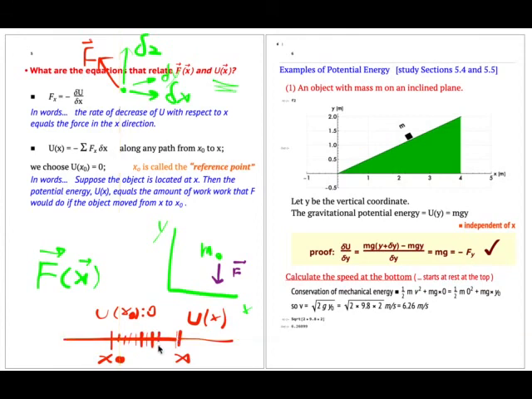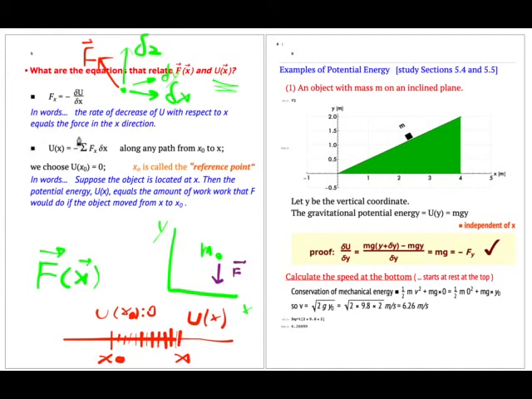Each step is about 3 feet. So I take many steps, and in each step, there'll be a value of the force at that point, and the force times 3 feet will be this contribution to the sum. I add those all together, multiply by -1. That tells me U of x at this point, 1 mile away from where I had the reference point.